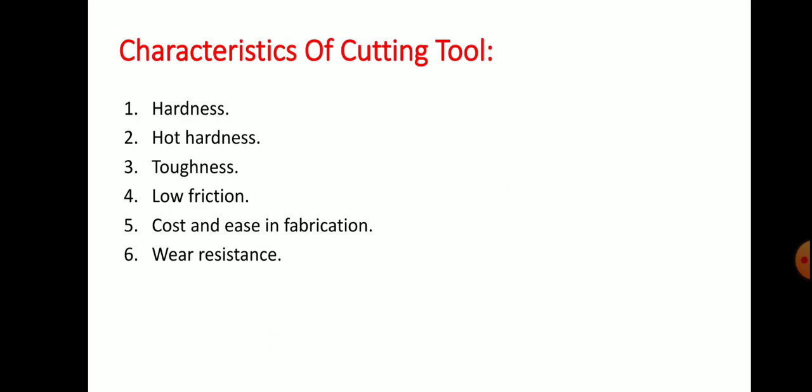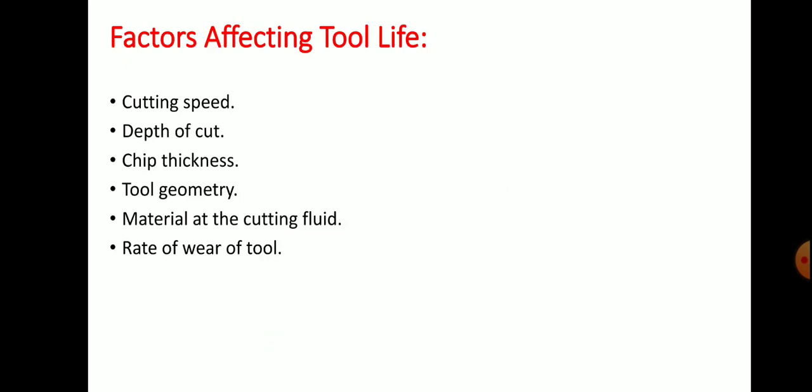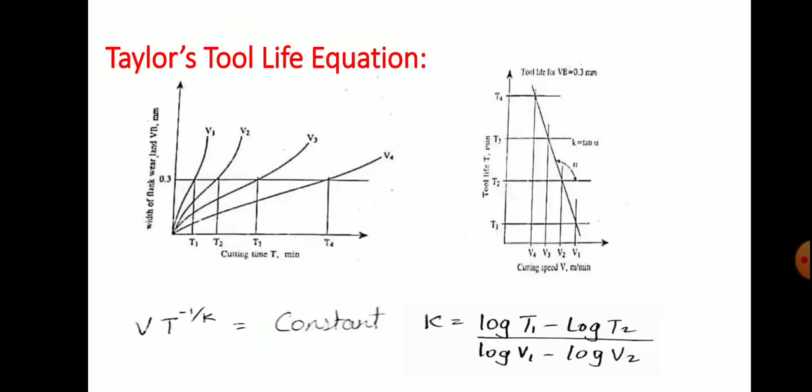Now coming to the factors affecting tool life: cutting speed, depth of cut, chip thickness, tool geometry, material and cutting fluid, and rate of wear of the tool. Now let us move on to Taylor's tool life equation.